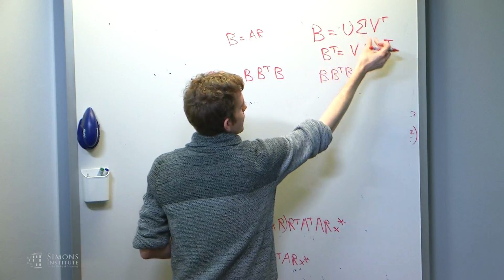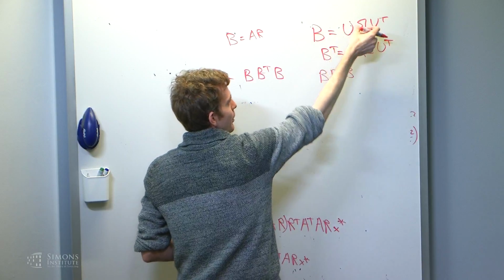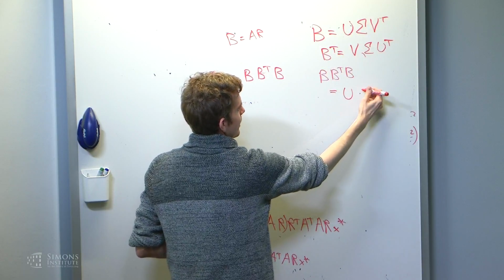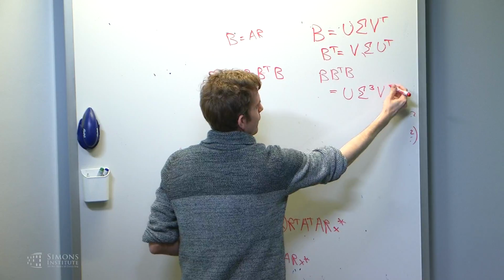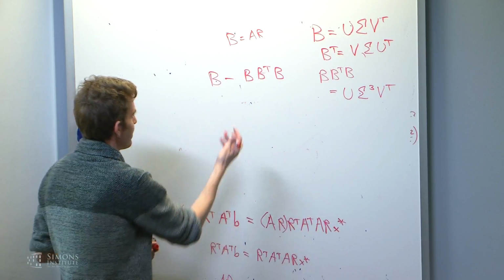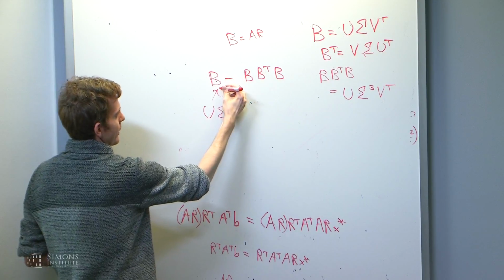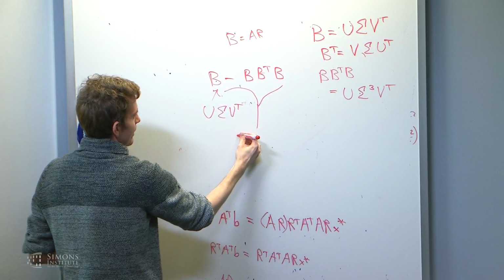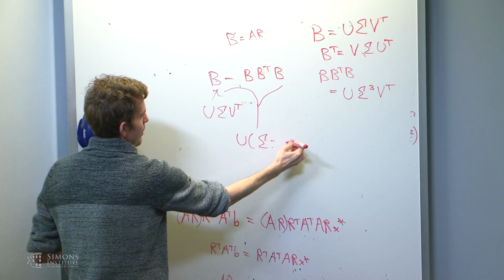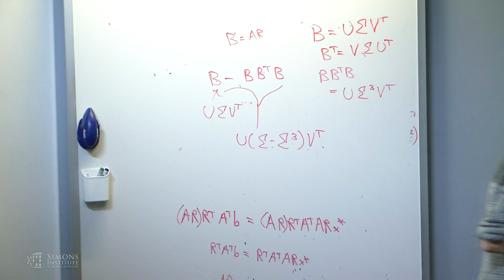So I'll get U sigma squared U transpose, and then the U transpose cancels with the U when I multiply again, so I really just get U sigma cubed V transpose. That's good, everybody? Okay. And B is U sigma V transpose. So if I look at the difference, what I get is U (sigma minus sigma cubed) V transpose. Is that clear? Questions?